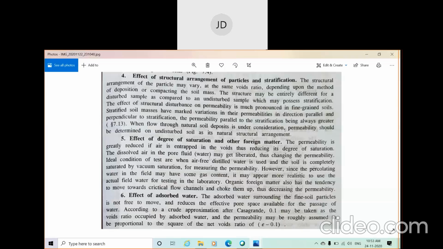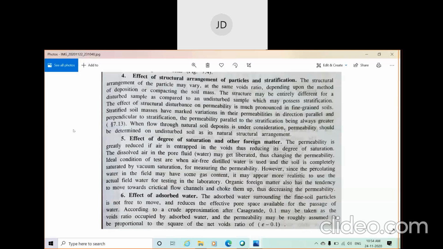Another term is foreign matter, like organic matter. Organic foreign matter also has the tendency to move towards the critical flow channel and choke them up, thus reducing the permeability. Now you can imagine a soil mass having voids, soil solid, water, and if that soil mass also contains some organic matter.